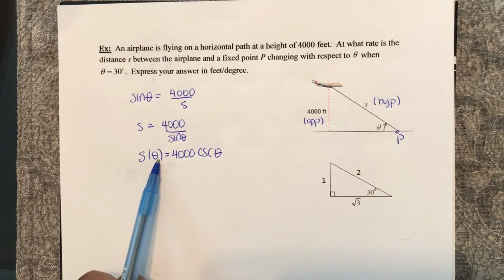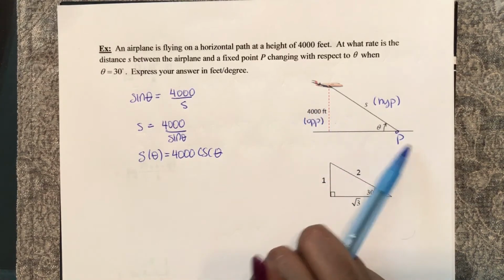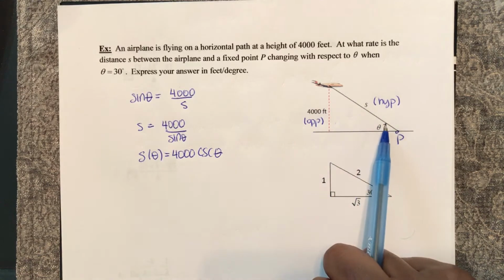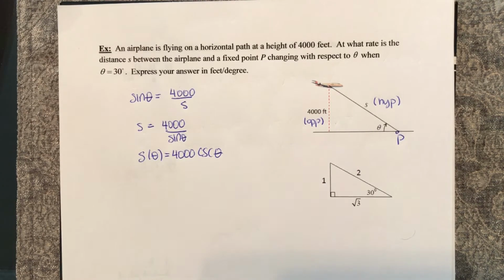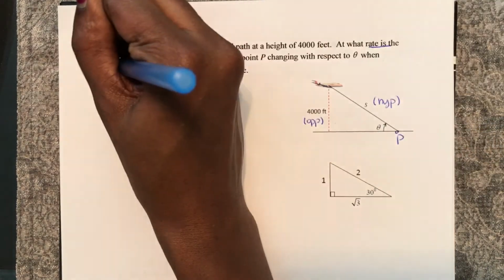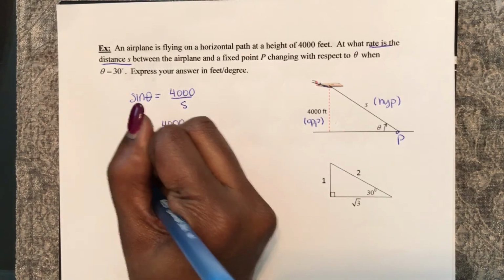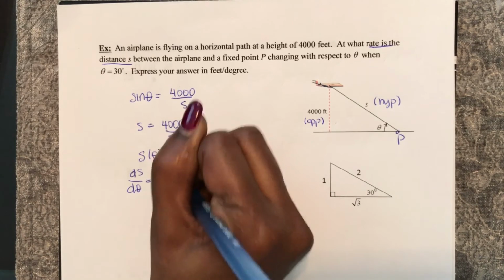So now I have a function for the distance S in terms of theta. So as theta changes, my output is going to change, which is the distance between my plane and P. They're asking us to find the rate of change of S. Well, that is just dS/d theta, or S prime of theta, right?